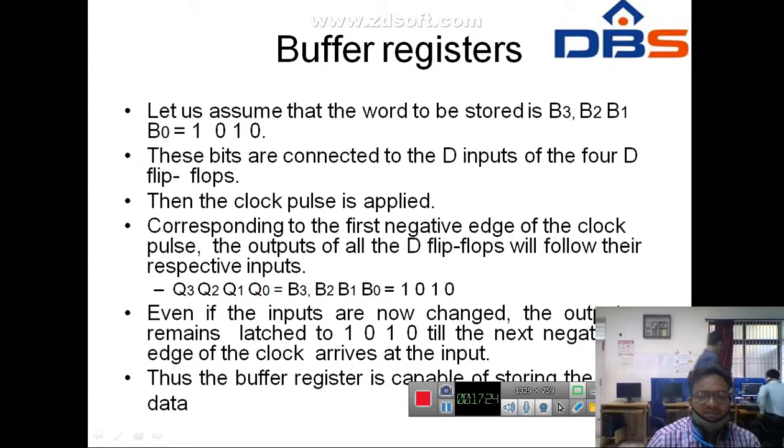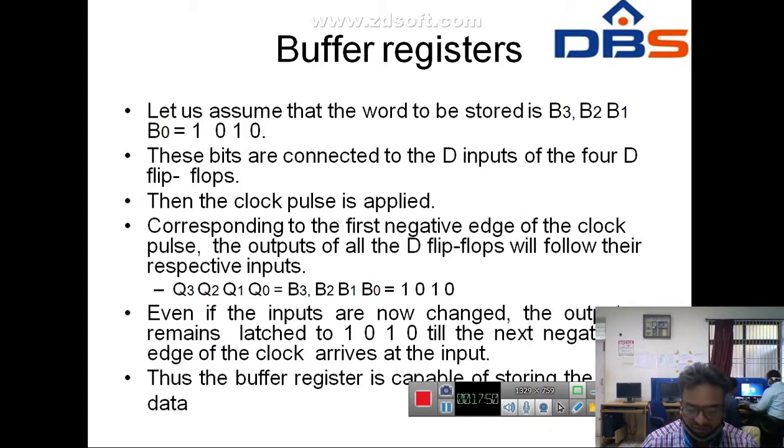Therefore the buffer register is capable of storing digital data. Now we will see how this simple register, known as a buffer register, stores digital data.